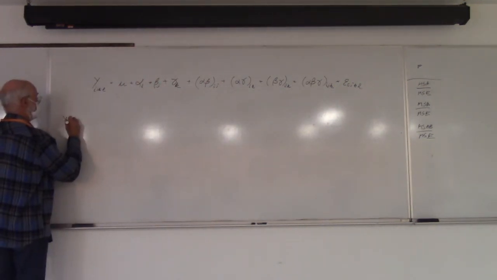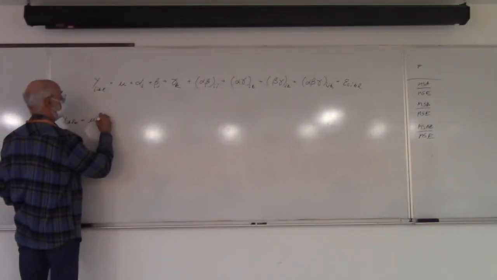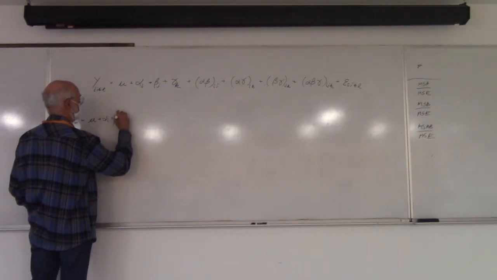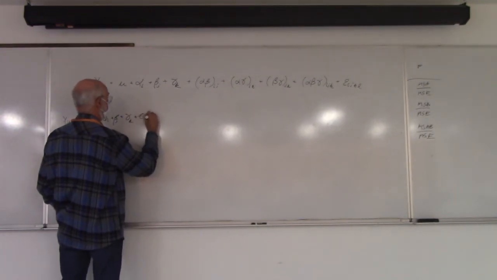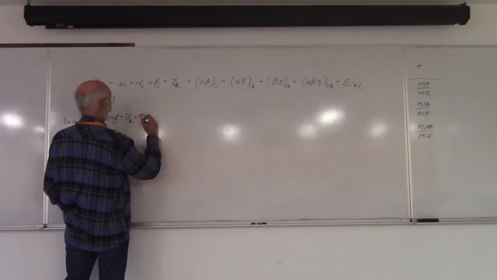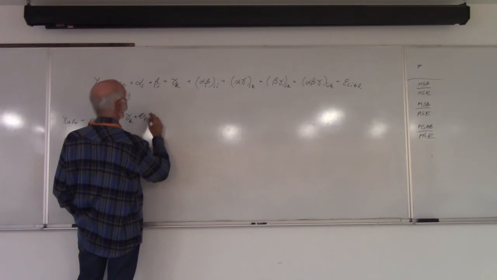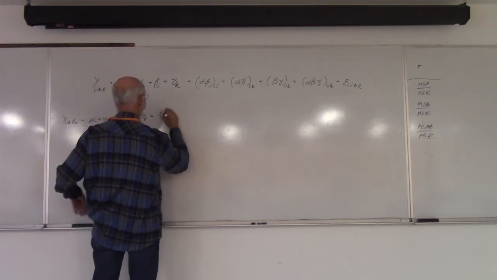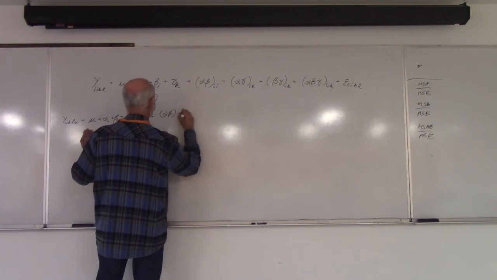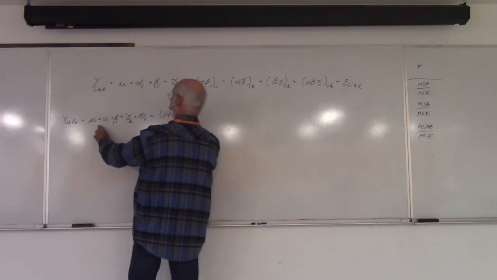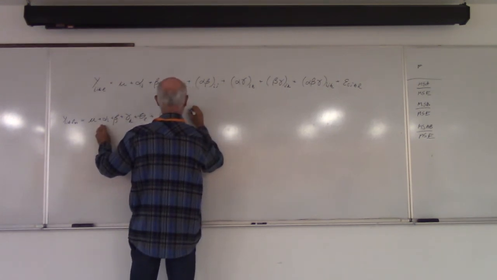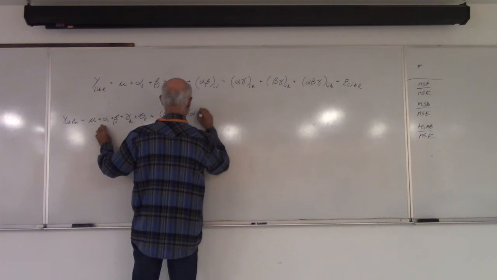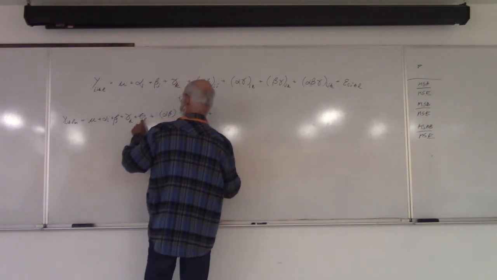Y i j k l m is equal to mu plus alpha i plus beta j plus gamma k plus omega l plus alpha beta plus, I'm going to forget about all the subscripts for the moment, alpha gamma, I guess that should be theta, shouldn't it?